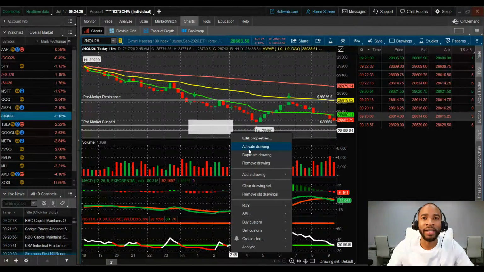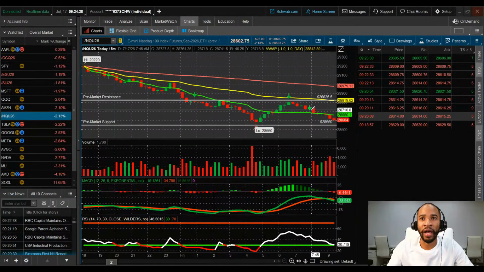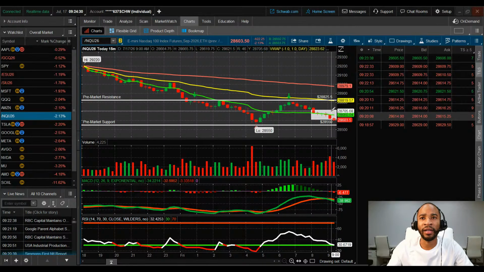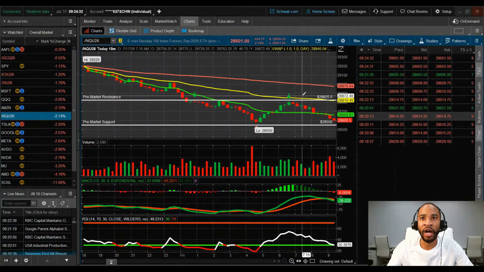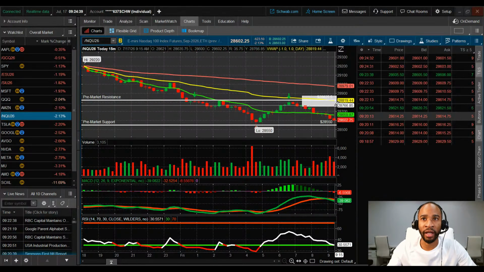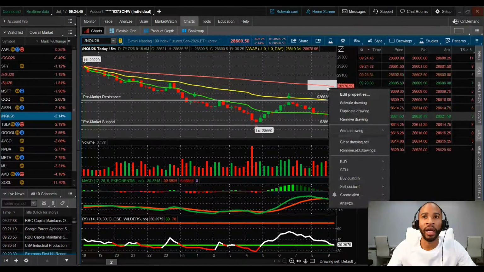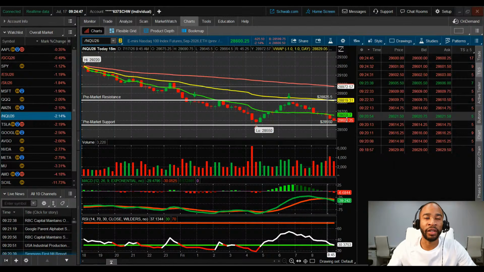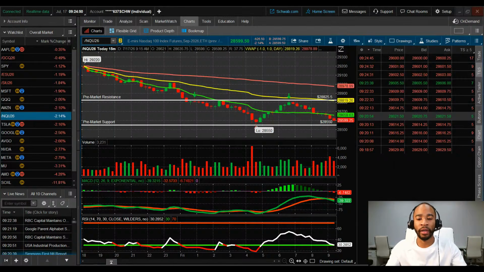We would like to see the Qs get back above our green line and then head towards our yellow line. And we're looking for a hold above our yellow line, and we're going to sell up here near the red line. That's how we're going to identify what direction the trend is flowing in.